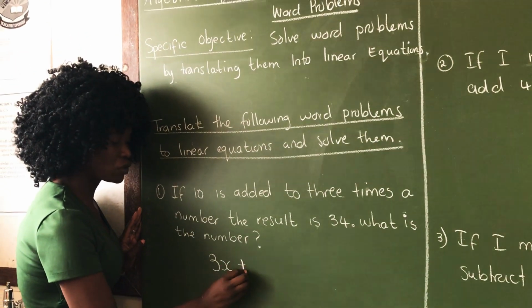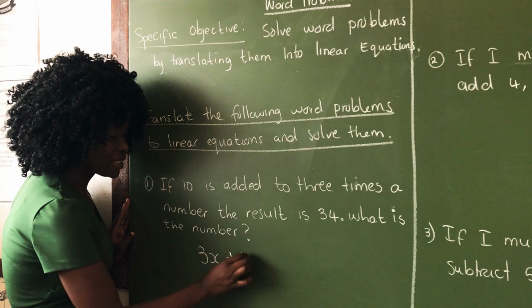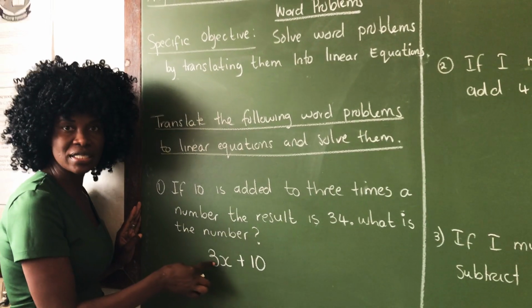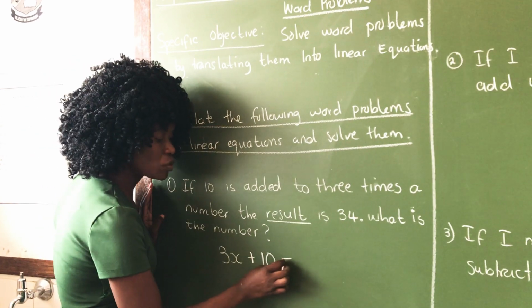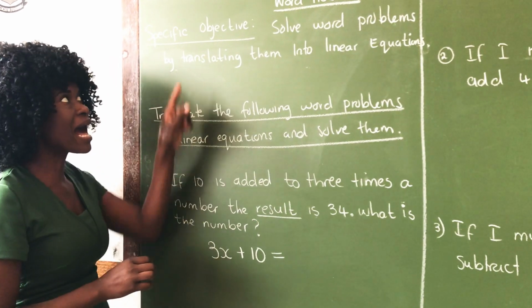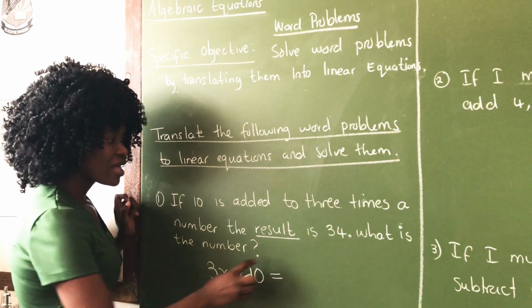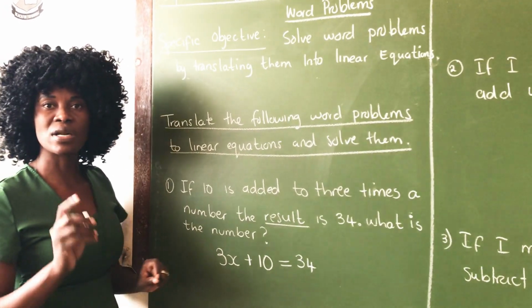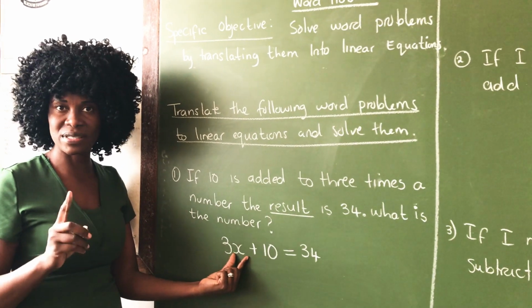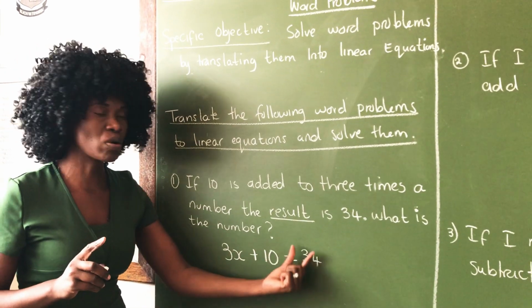Added means I have to use the addition sign. The result, the word result means that I need to put my equal sign. The result is 34. What is the number? So now we need to find what x represents. So 3x plus 10 equals 34.